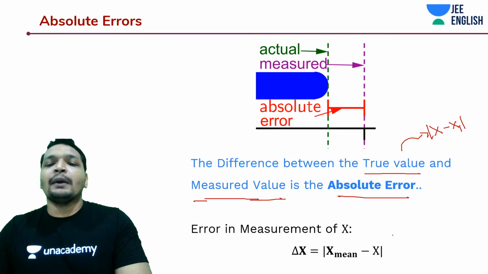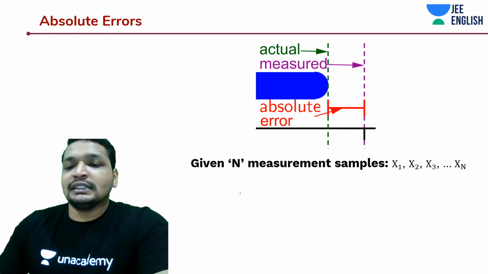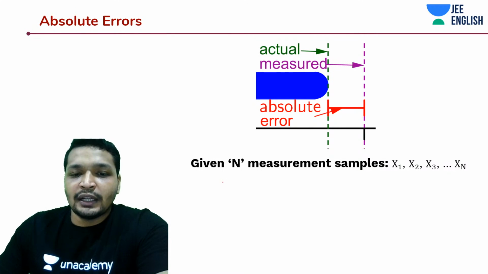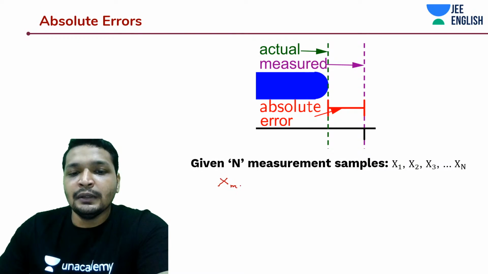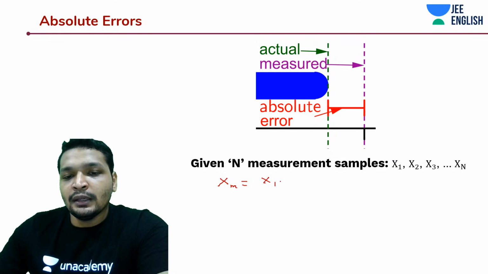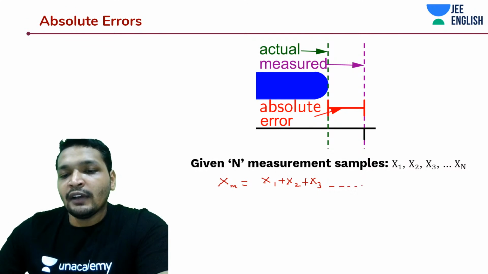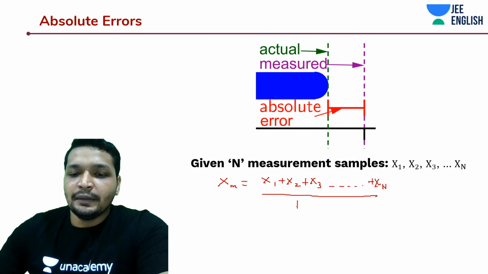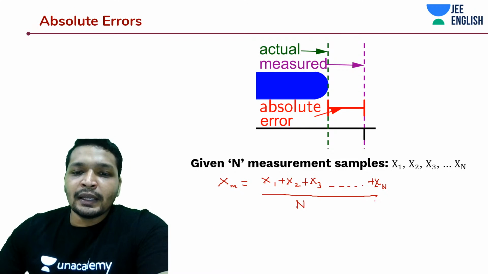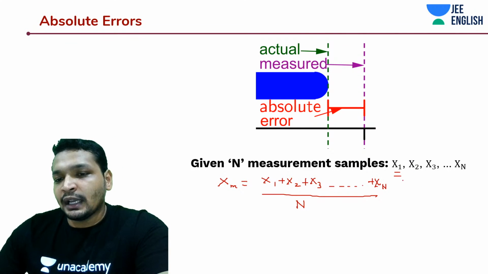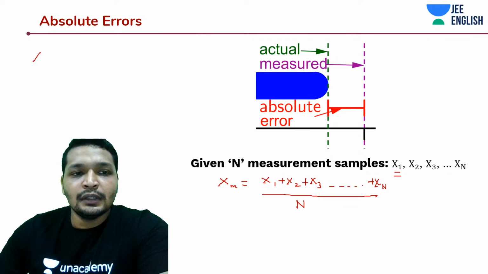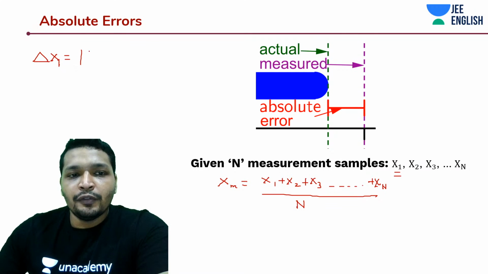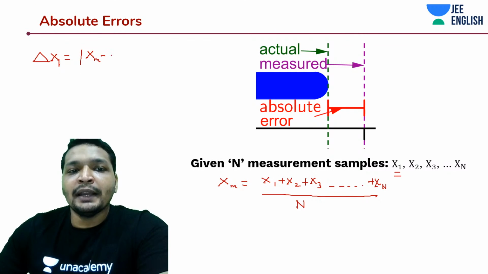This is going to be your absolute error, and let's say I have n such samples. How do I calculate the absolute errors? First I calculate x mean, which is x1 plus x2 plus x3, and so on till xn, divided by n. Then my absolute error while measuring x1 is delta x1 equals mod of x mean minus x1.